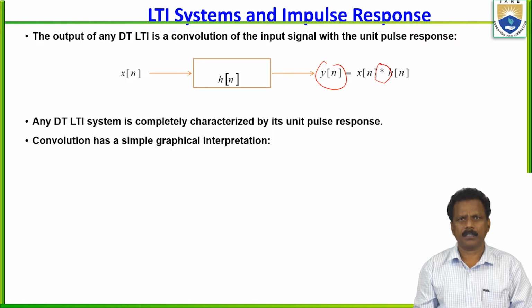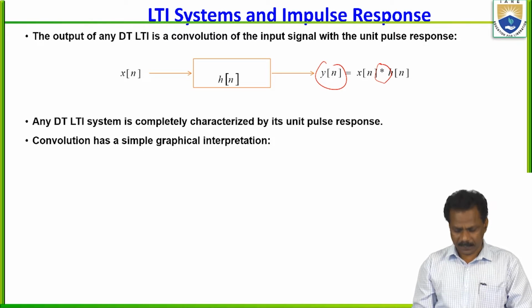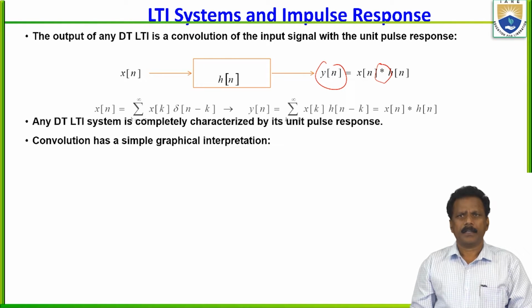The LTI system is completely characterized by its unit pulse response. Convolution has a simple graphical interpretation, which depends on x of n.